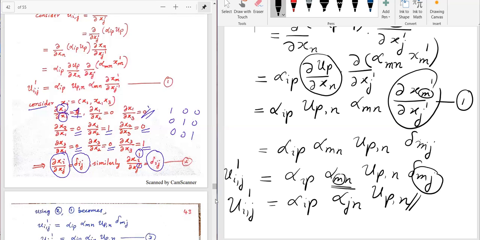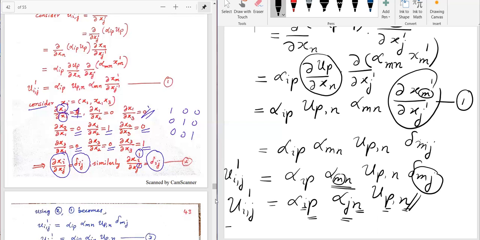So two alphas are there. I have i here, I have j here. P is dummy, and n is also dummy. So is it not the transformation rule of a tensor of order 2?